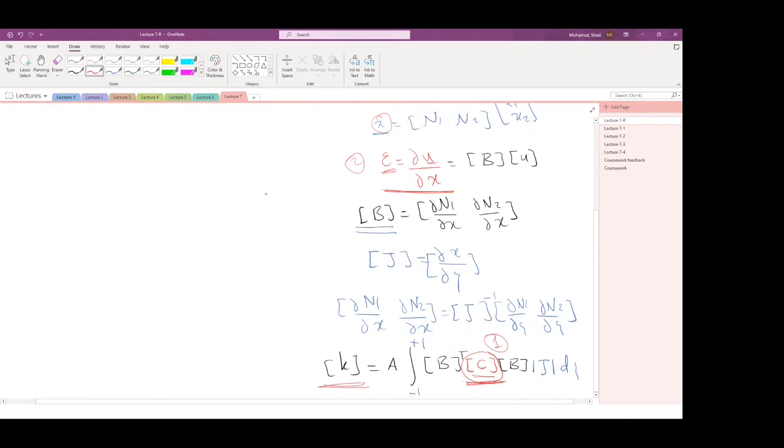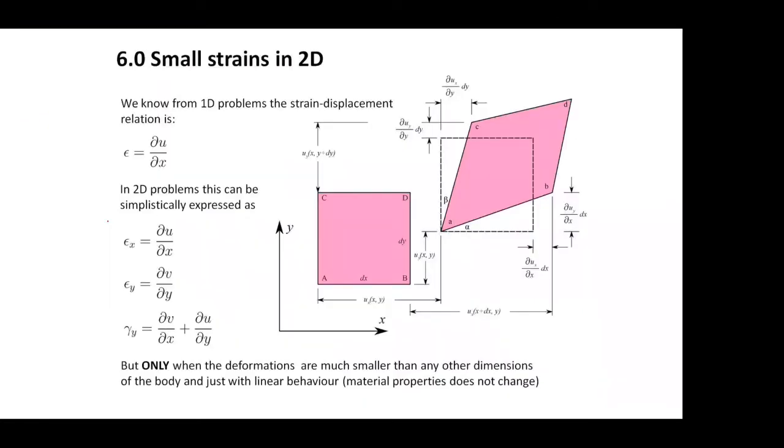Now, obviously, in 1D, you have only one direction, and you have displacement happening in this direction. So the derivative of U with respect to X would be the strain. Now, if you look into 2 dimensions, you have X and you have Y, and you have objects that are 2-dimensional.